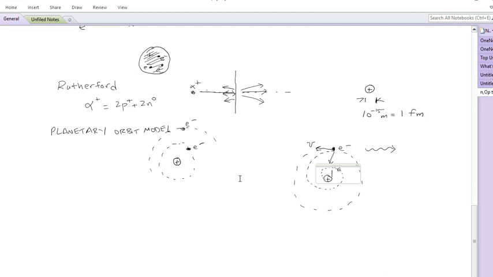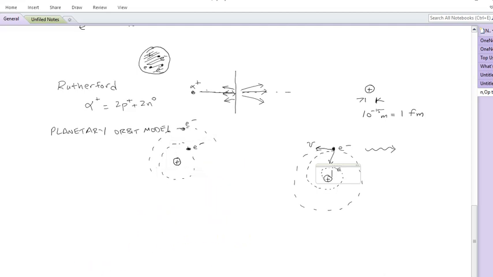In the next video, we'll dive into more detail with the postulates and actually derive the energies that Bohr predicts for the hydrogen atom, which will enable us to figure out the wavelengths of those visible photons that are emitted. But let's talk about the postulates right now.